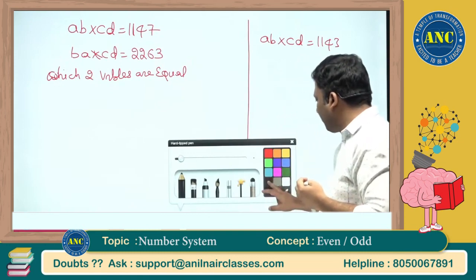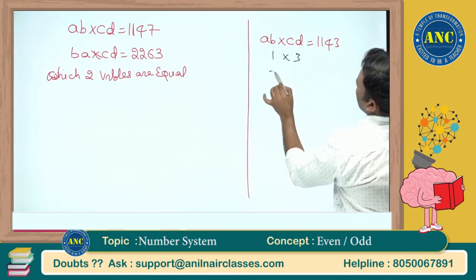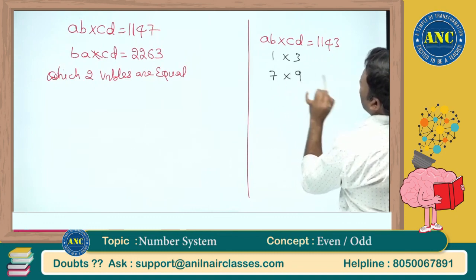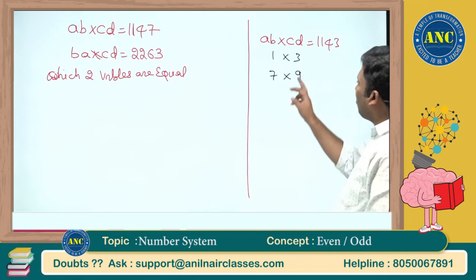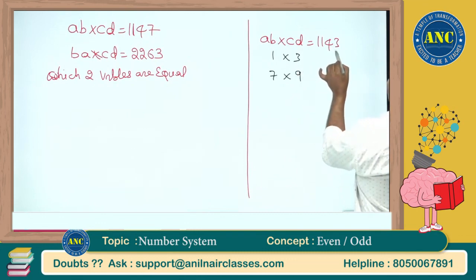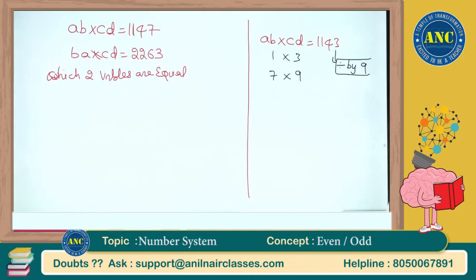Listen carefully, sir. First is 1 3s are 3. Next is 7 9s are 63. These are the only two cases possible. Are you all with me? Now if you see 1143, 4 plus 3 is 7, 7 plus 2 is 9. That means this is divisible by 9.